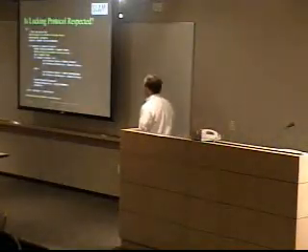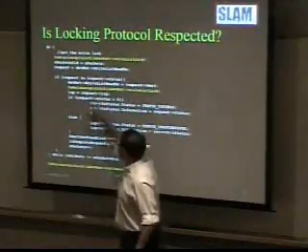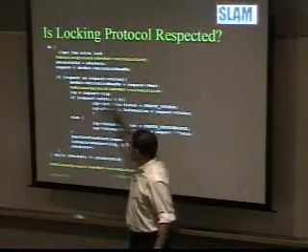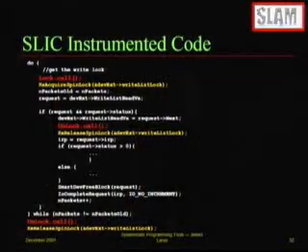I know nobody can read it, but this is KeAcquireSpinLock. Here's a KeReleaseSpinLock. Here's another KeReleaseSpinLock. And there's a fair amount of control flow in here. The question is, does this code actually obey the locking protocol on the previous slide? And if not, why not?